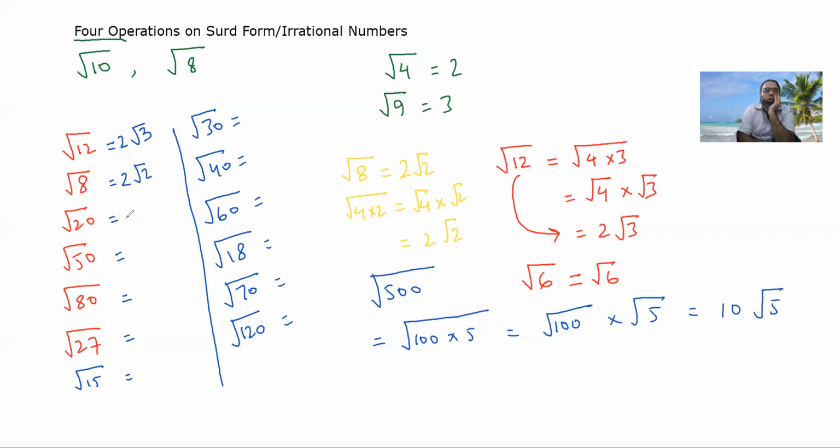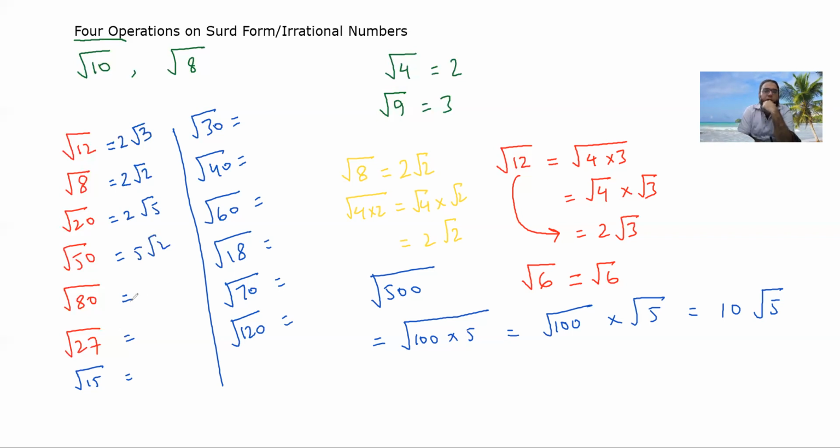Under root 20: which square can have this 20 as its multiple? Sir, 4 into 5. And 50? 5 under root 2. Very good.